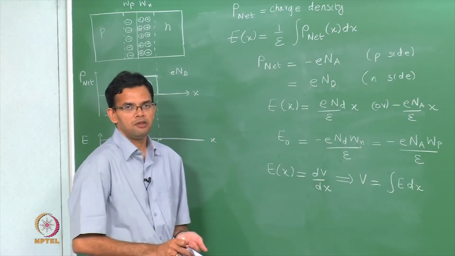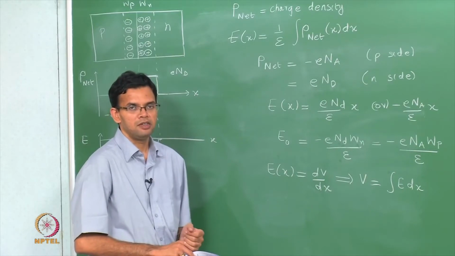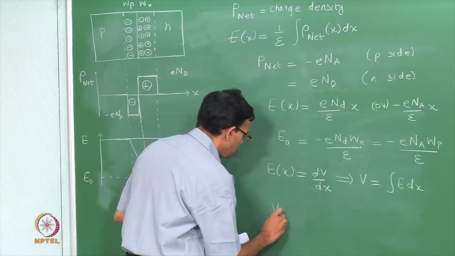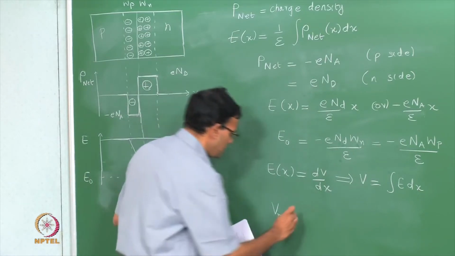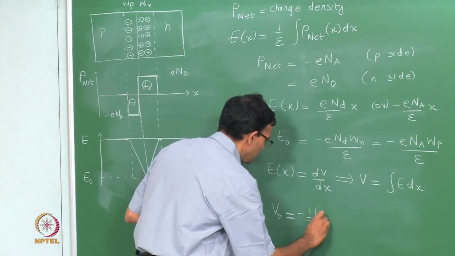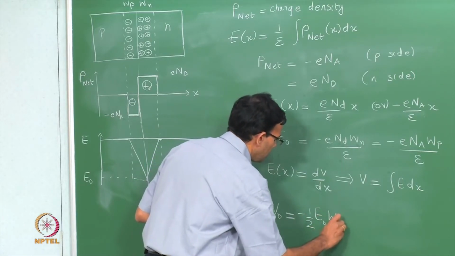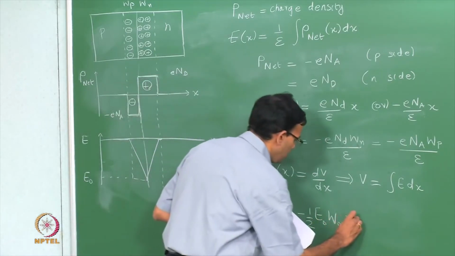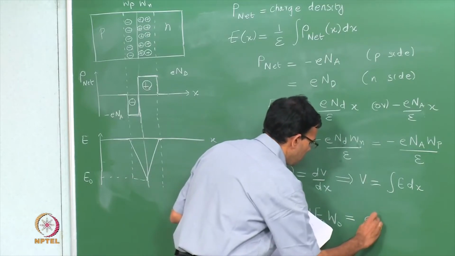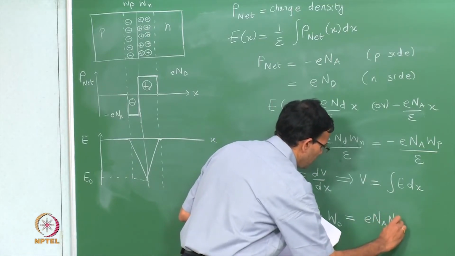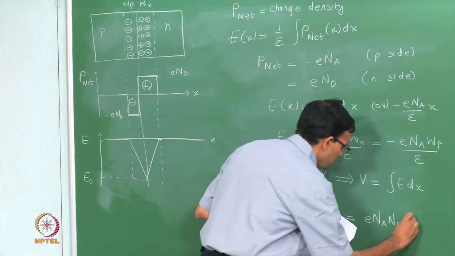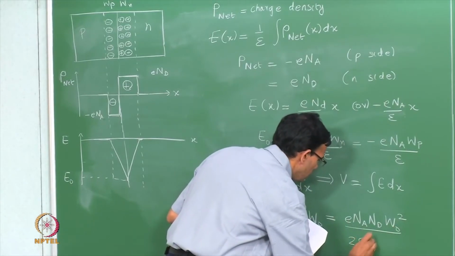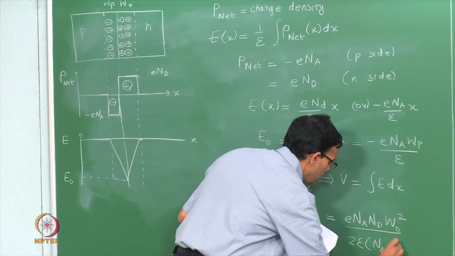The total potential, which is the contact potential which we are interested in, goes from the P side to the N side, and V naught is nothing but minus 1/2 E naught W naught, where W naught is the entire width of the depletion region, that is equal to E NA ND W naught square over 2 epsilon NA plus ND.